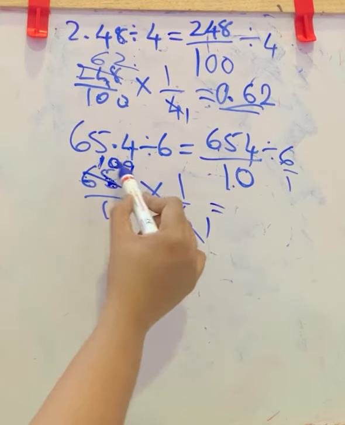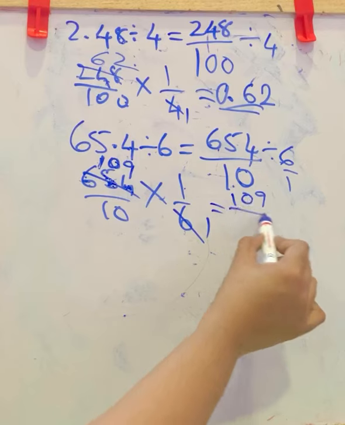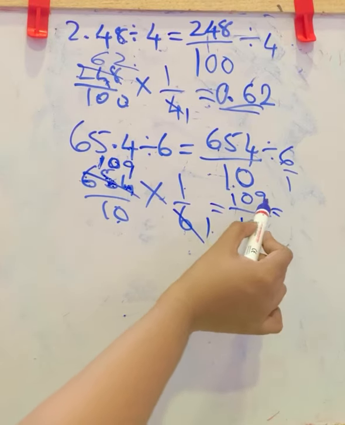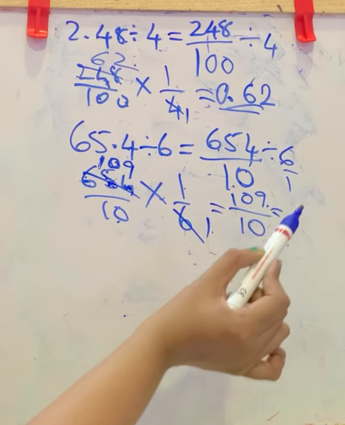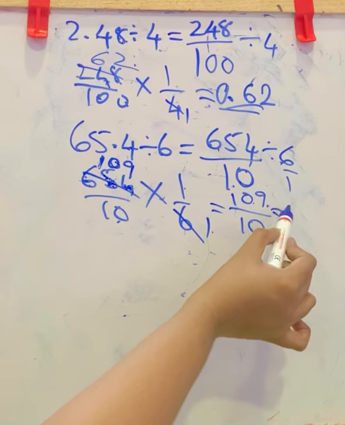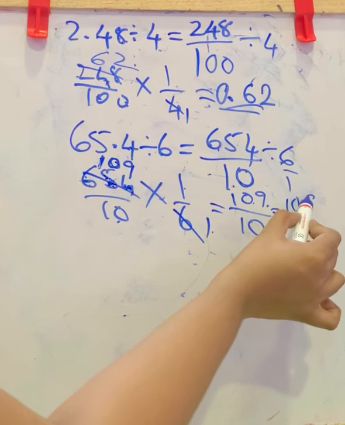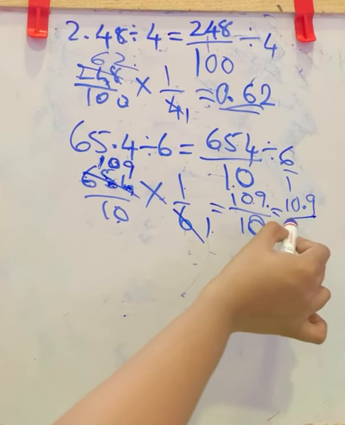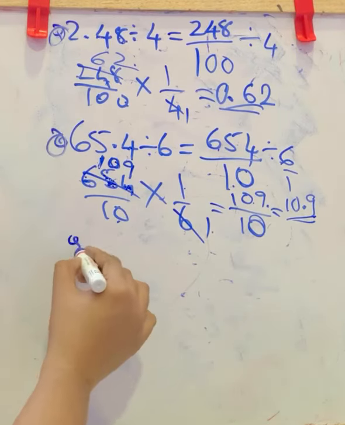So it is 109 into 1 in the numerator and 10 into 1 in the denominator. 109 means 109 point. Moving one place to the left, the decimal reaches here, 10.9. So 10.9 is the answer.